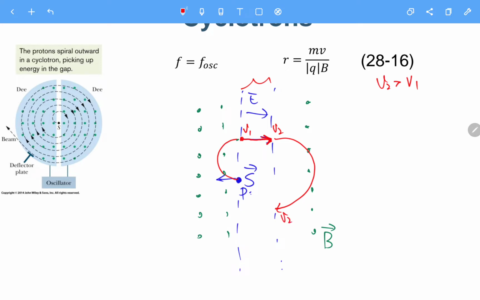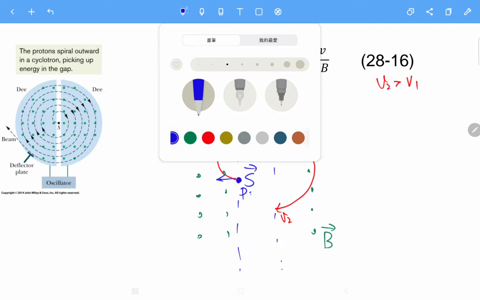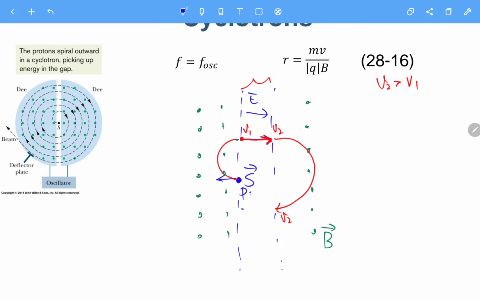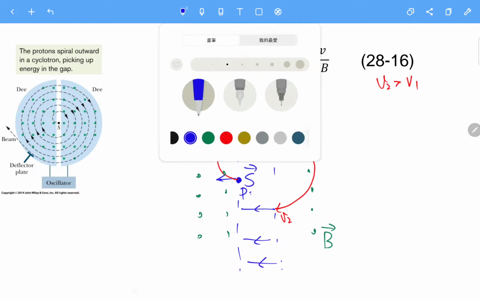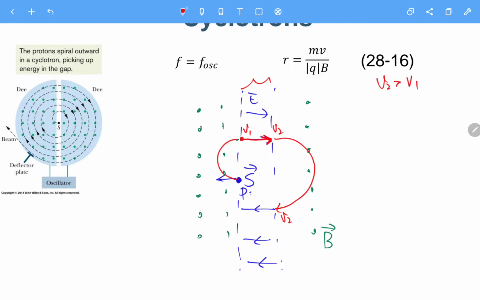And at this moment, we make the E field in between point to the left side. In that case, the particle will be accelerated by the E field pointing to the left side. So it becomes V3 at this point, and V3 is also bigger than V2.